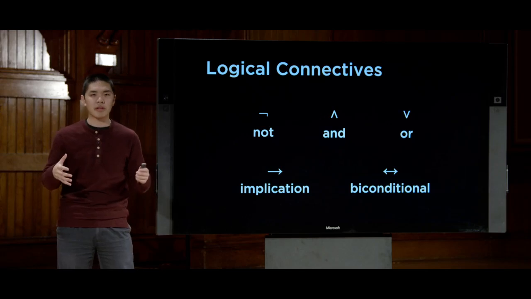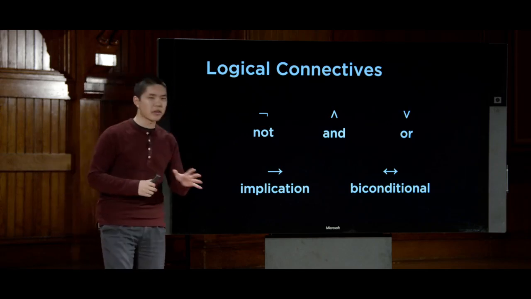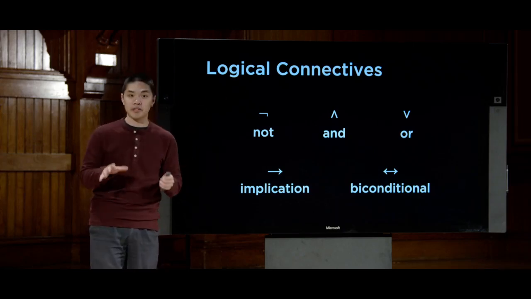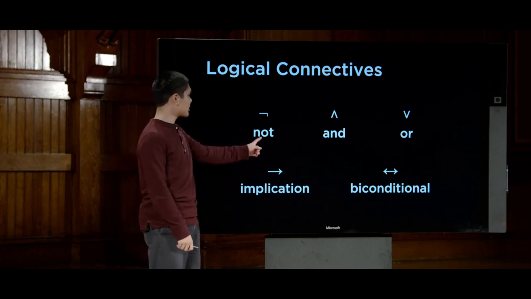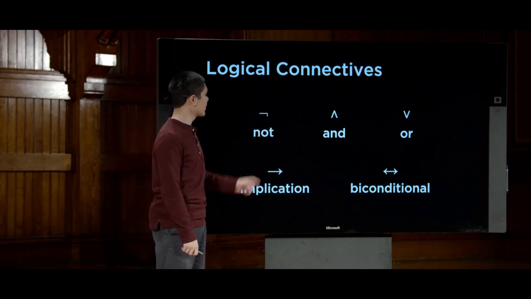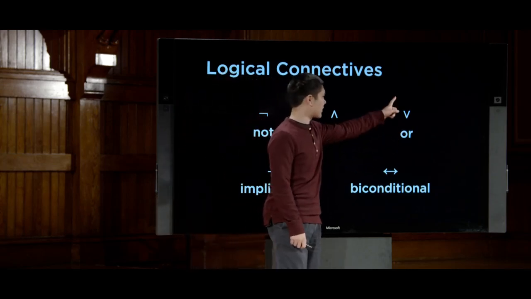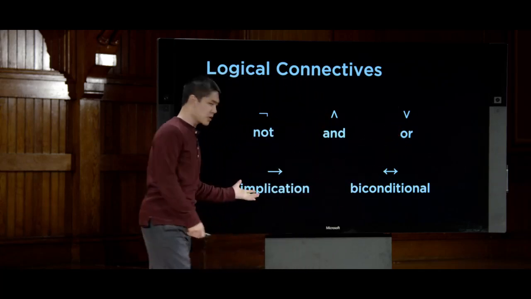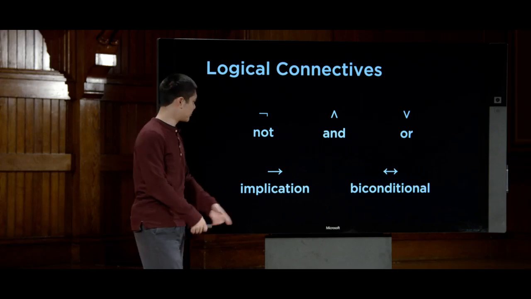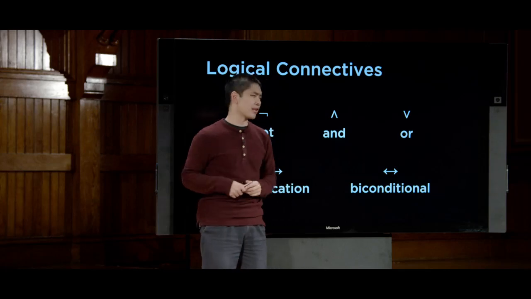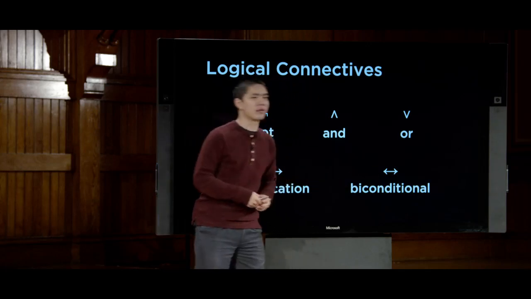Now, there are a number of these logical connectives, but 5 of the most important, and the ones we're going to focus on today, are these 5 up here, each represented by a logical symbol. Not is represented by this symbol here, and is represented as sort of an upside-down V, or is represented by a V shape. Implication, and we'll talk about what that means in just a moment, is represented by an arrow. And biconditional, again, we'll talk about what that means in a moment, is represented by these double arrows.